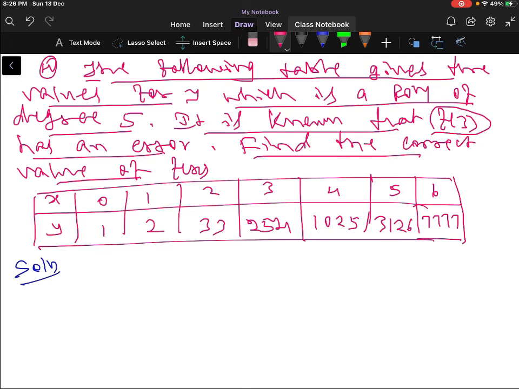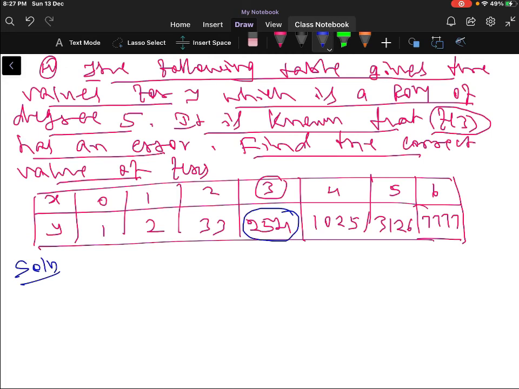At x equal to 6, y is 7777. Here at x equal to 3, f of 3 is an error.